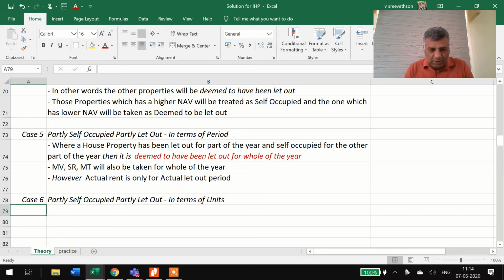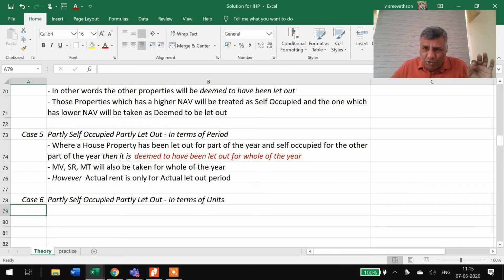What is this, friends? One house is there, the ground floor the owner is occupying, the first floor he has let out on rent. One house divided into 2 units: unit 1 ground floor, unit 2 first floor. One unit self-occupied, another unit let out. It can be divided into 3 units, 4 units, 10 units, however.